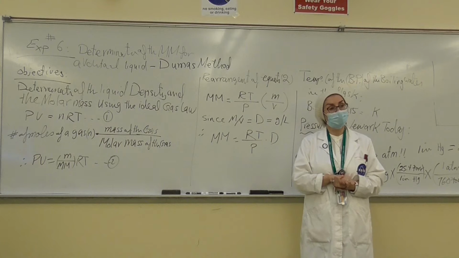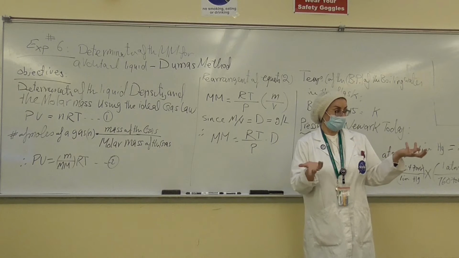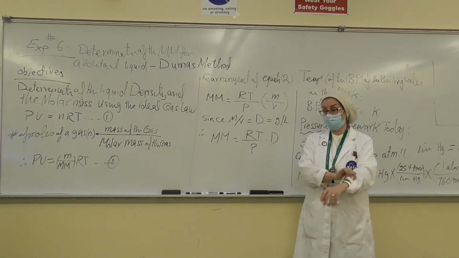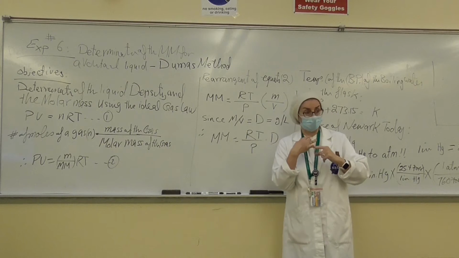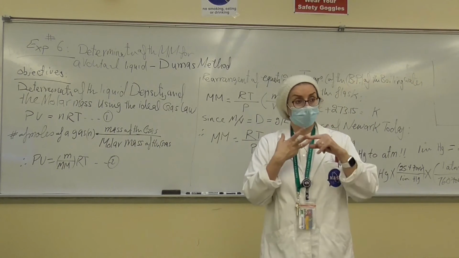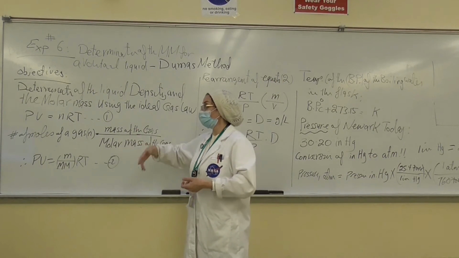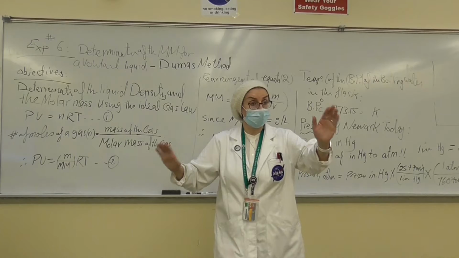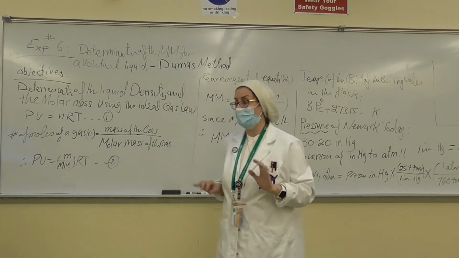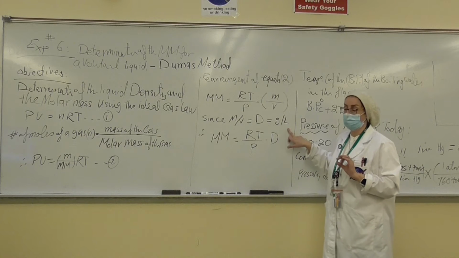Yes, Kyle? So that it's universal, according to R, right? R is an international system unit, so the volume has to be in liters, the temperature in Kelvin, the amount in moles, and the pressure should be in ATM, right? That's why we're going to measure the density in grams per liter.